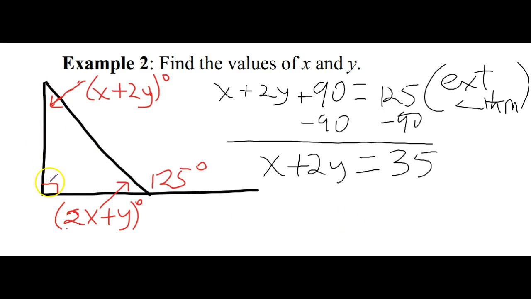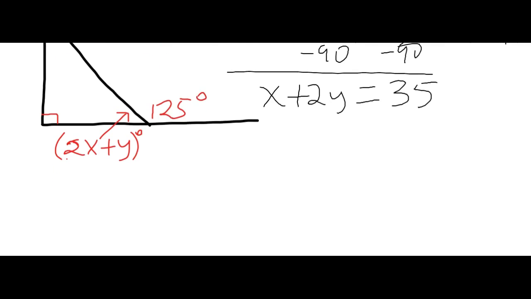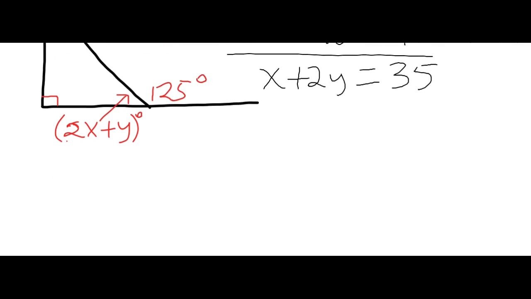We know that the sum of angles in a triangle add up to 180. So we can also do that and see what it gives us. See if we can get things that equal each other. Okay, so let's write this as equation 1 so we can keep track of it.